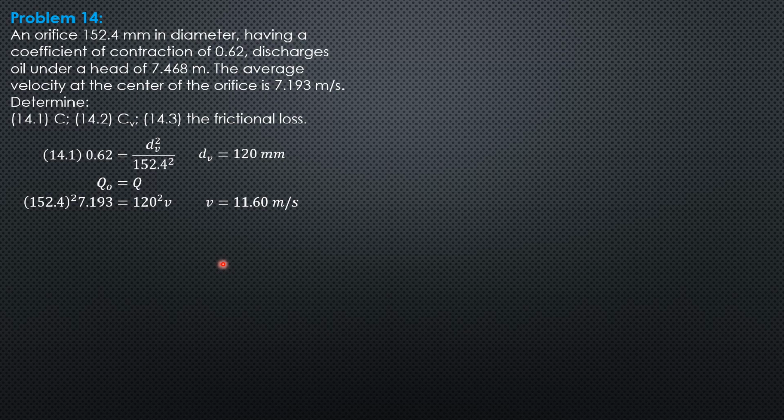So from there, we can compute the actual discharge: area at the vena contracta times actual velocity, and we equate it to C times Q theoretical. So pi times the radius at the vena contracta, 0.06, squared, times the actual velocity 11.6, equals C times pi times the radius of the orifice, 152.4 divided by 2 is 76.2 mm or 0.0762, squared, times the square root of 2gh.